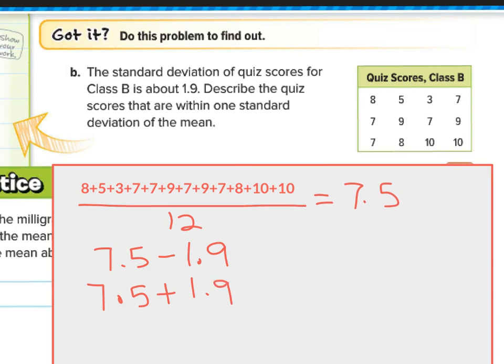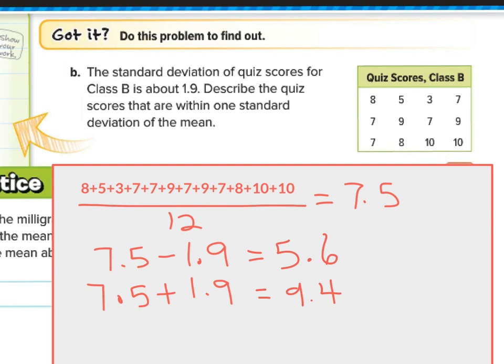So we're going to get 7.5 minus 1.9. We take away 1 from 7, that makes it 6.5. I get 5.6 here. And 7.5 plus 1.9, I get 9.4.